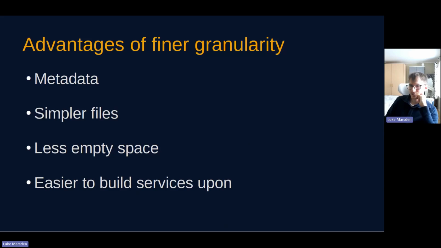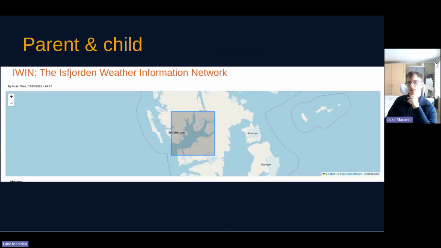And for all of these reasons, it's a lot easier to build services upon simpler files where you have finer granularity. And this will eventually make it easier for the data user. You can still credit the project or expedition or course using parent-child relationships in data centers.